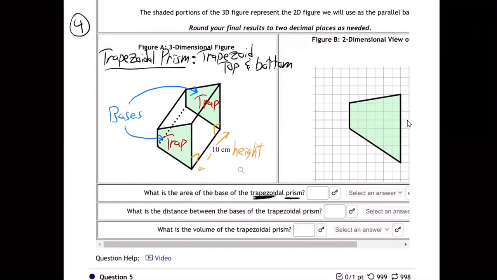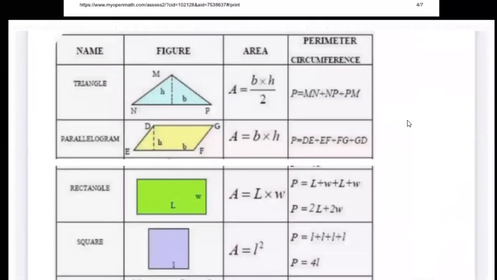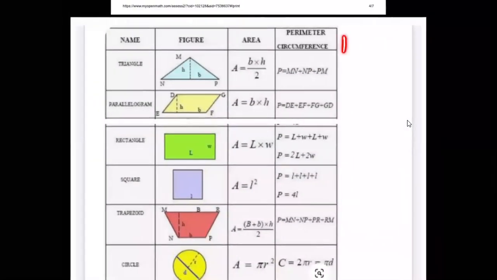Okay, now, the first question: what is the area of the base, meaning the area of this trapezoid over here? Let me write the area of a trap, because this shape right here is a trapezoid. What's the area of a trapezoid? Well, if you go to the exam 3 notes, we got a trapezoid right here.